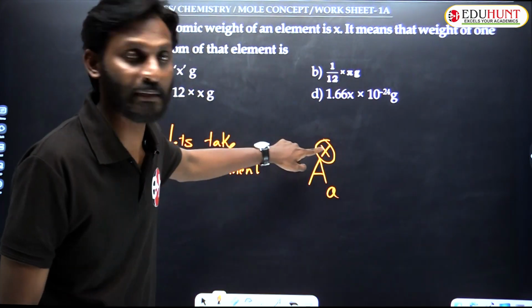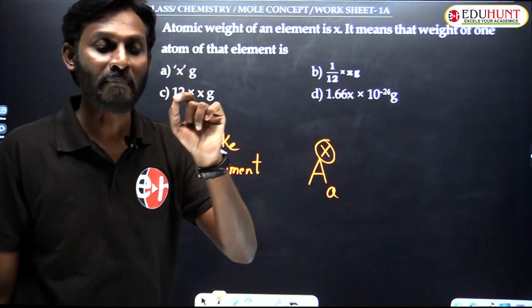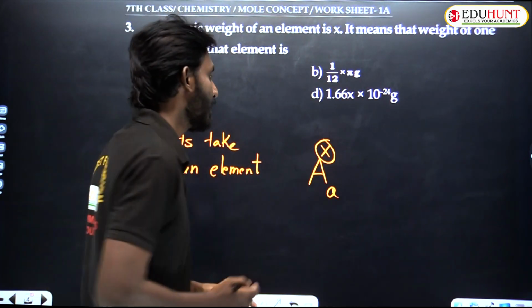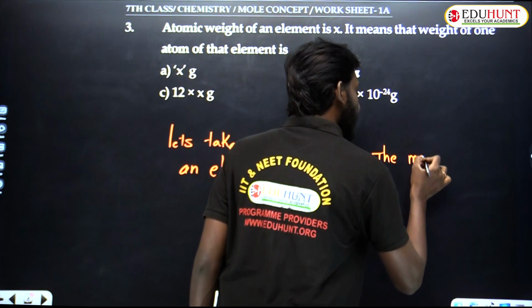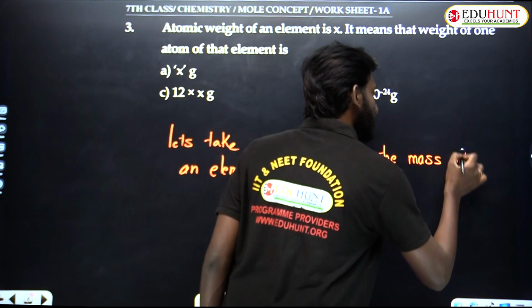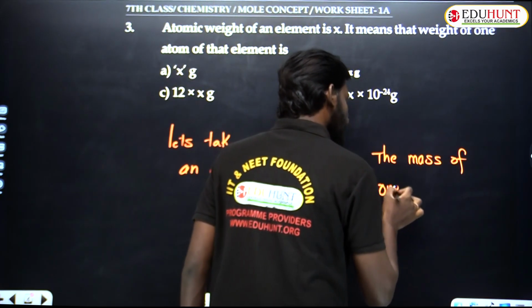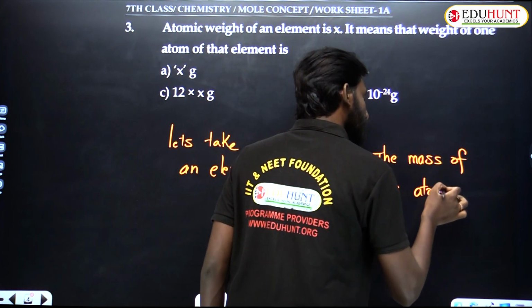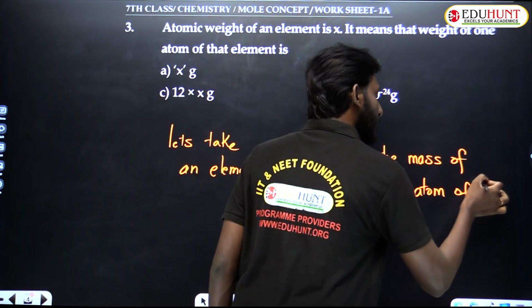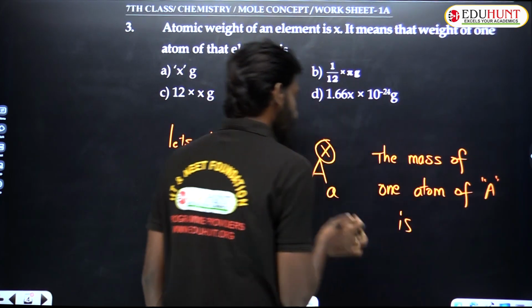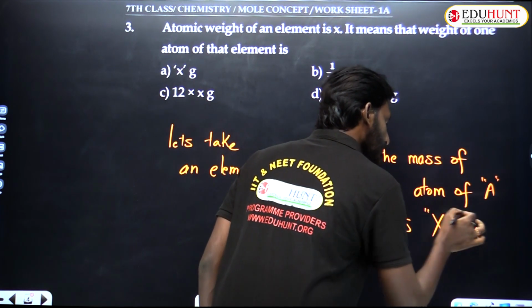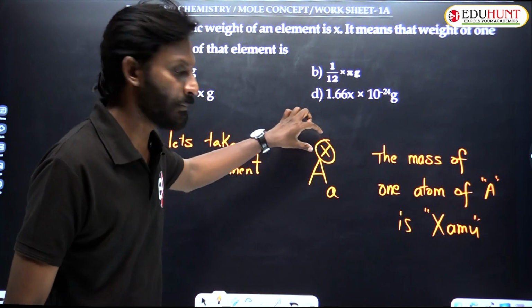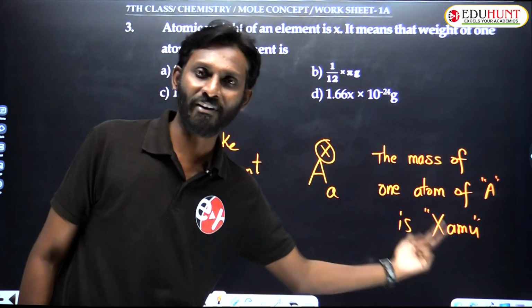What is this mass number telling you? It tells you that the mass of one atom of element A is X AMU. That's it. Look at the mass number and write the mass of one atom.